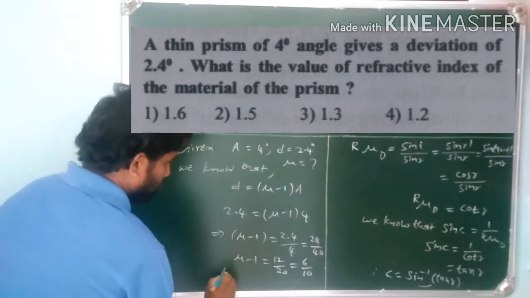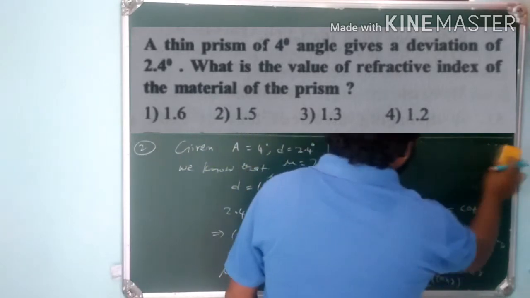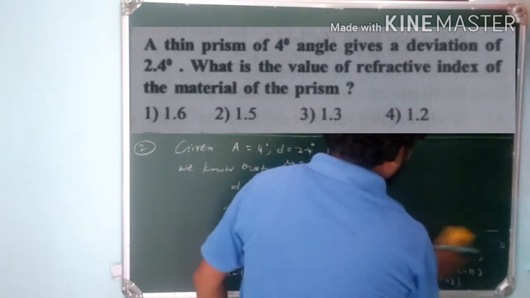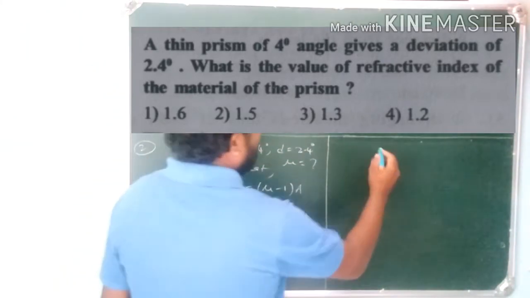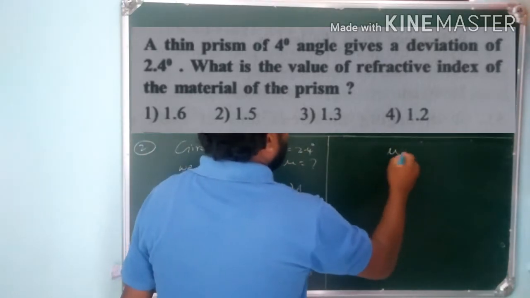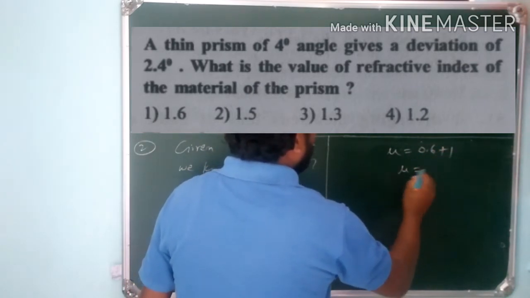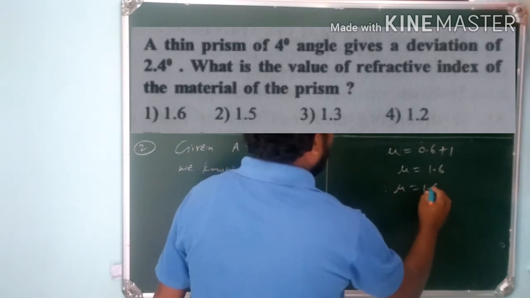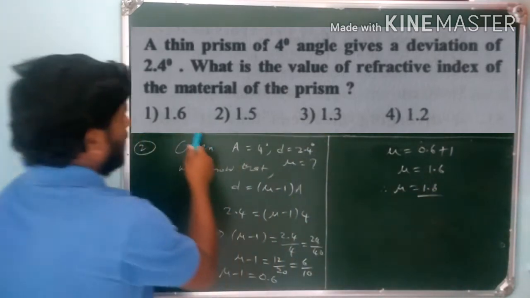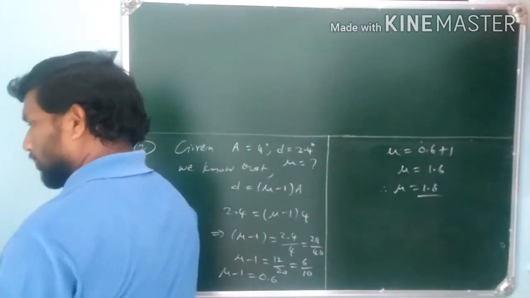That implies mu minus 1 equals 0.6. Therefore, bringing minus 1 to the right hand side, mu is equal to 0.6 plus 1. Therefore, we are getting the mu value as 1.6. Therefore, the refractive index of the prism is 1.6. Therefore, the option is the first option, mu equal to 1.6.